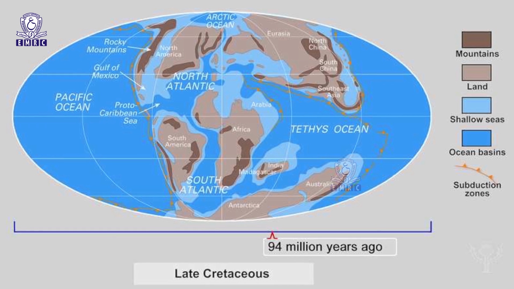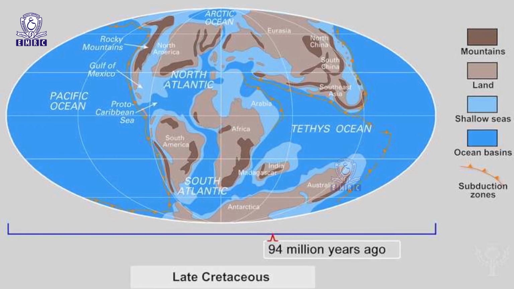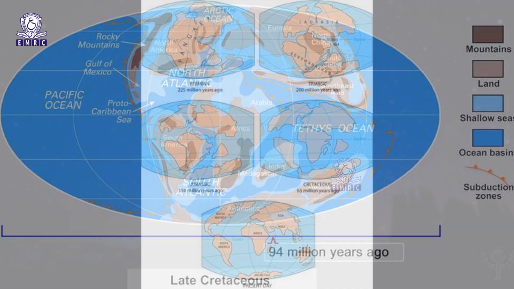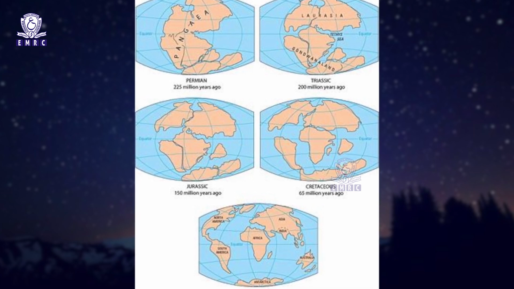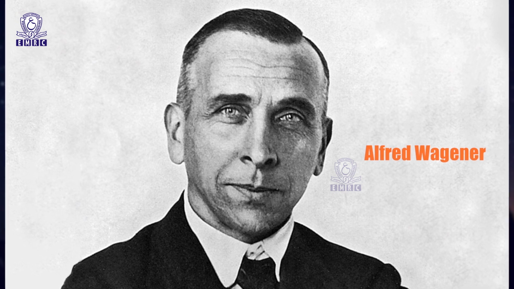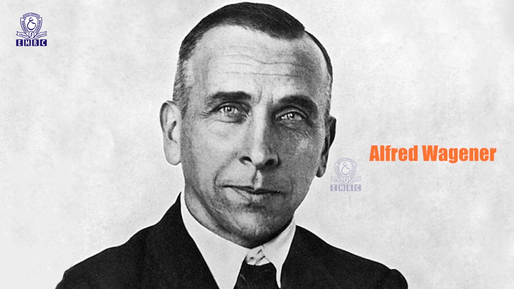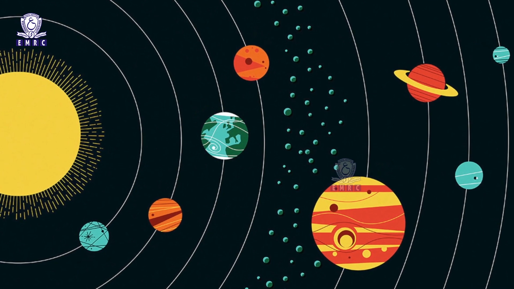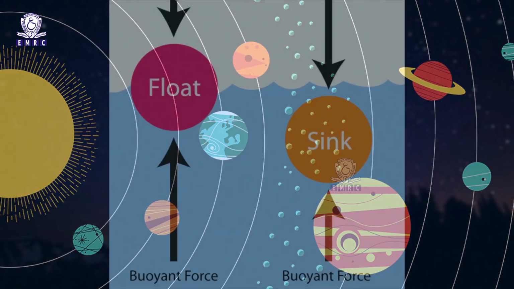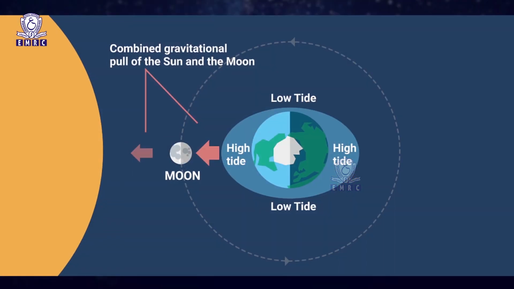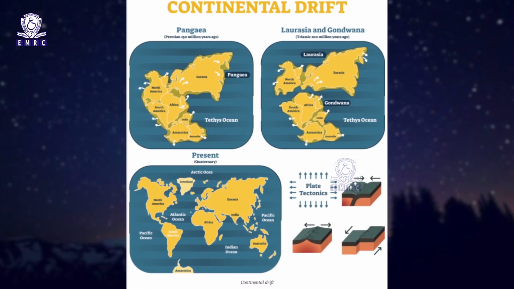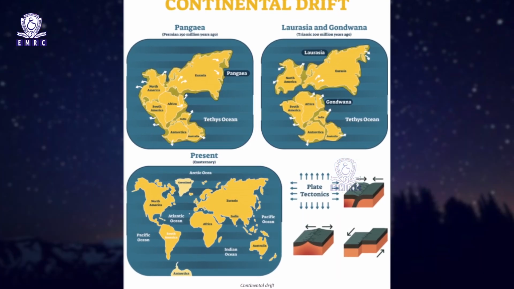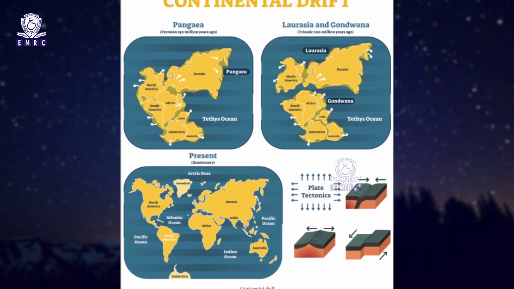One of the major criticisms leveled against the theory of continental drift is related to the forces leading to the drifting of the continents. The forces identified by Wegener are gravitational force, the force of buoyancy, and the tidal force of the moon and the sun, which according to some scientists are not sufficient to drift the continents.